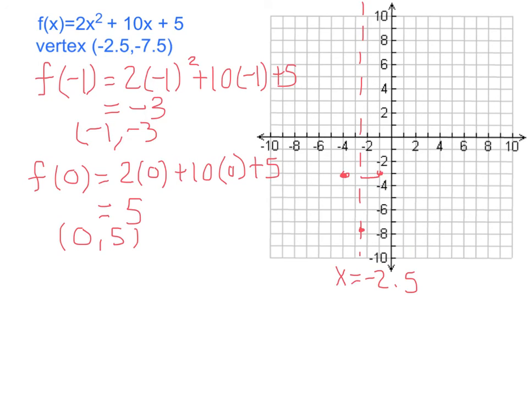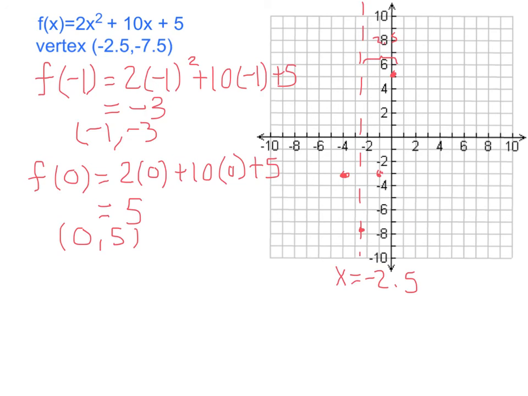So again, these 2 points have to be the same distance away from the axis of symmetry. And then my next point is at 0, 5, up here. And 0, 5, that is 2.5 units away. So I'm going to have to count over another 2.5.